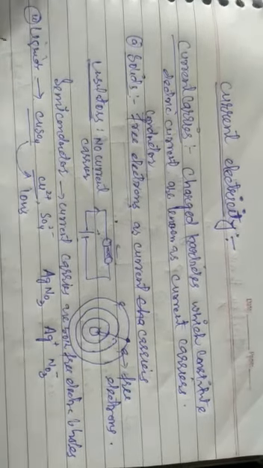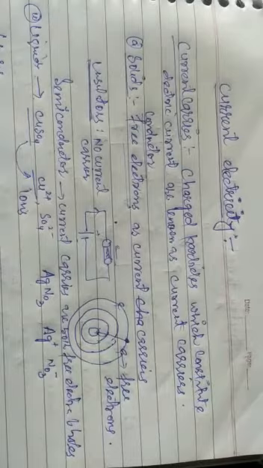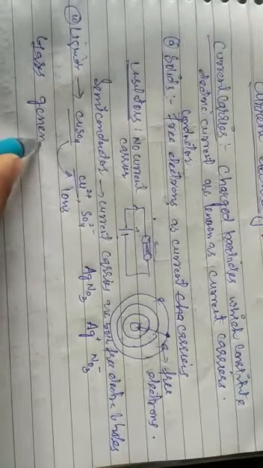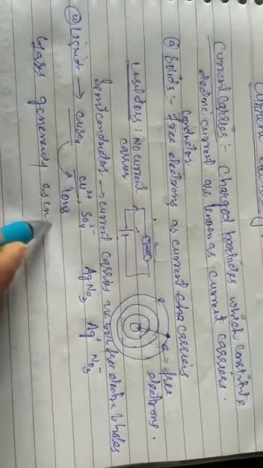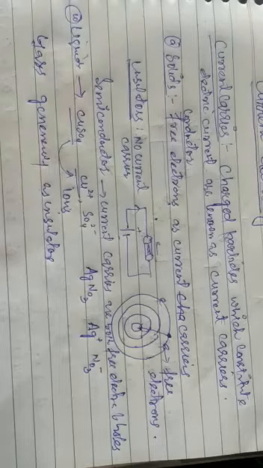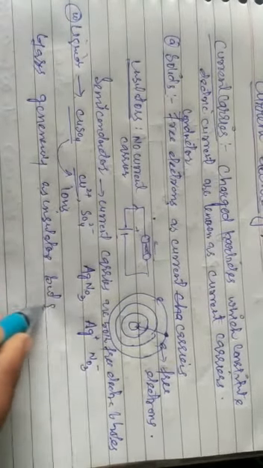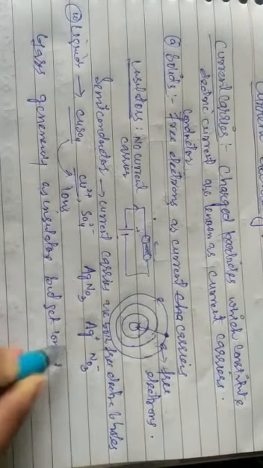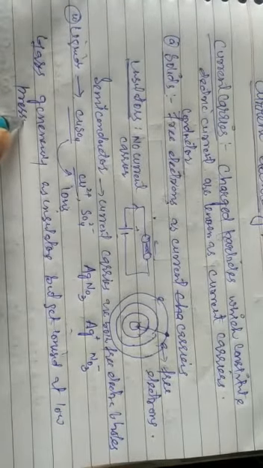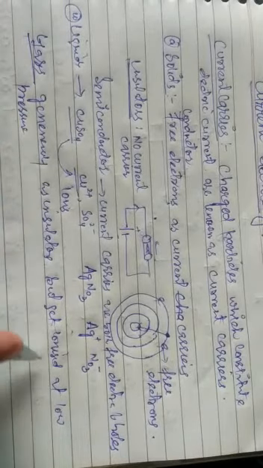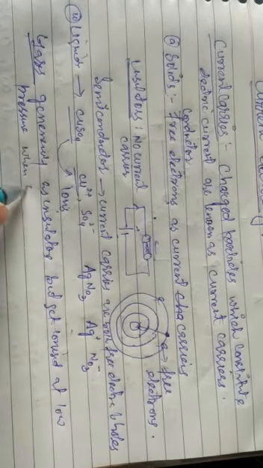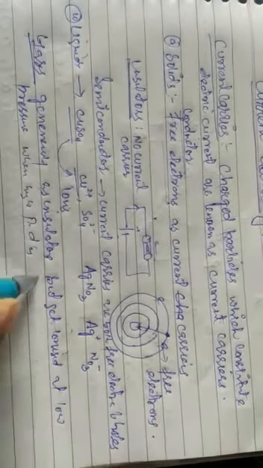In case of gases, gases are generally insulators, but they get ionized at low pressure when a high potential difference is applied.